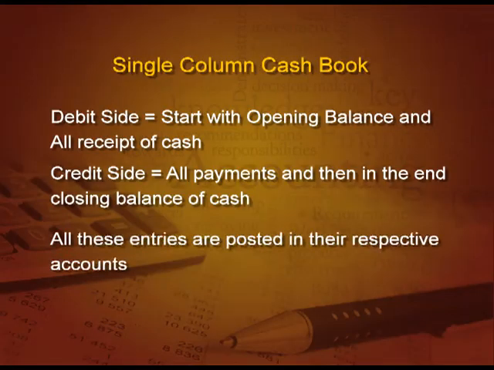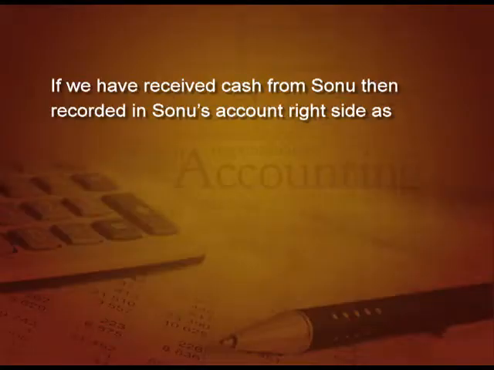Now, all these entries are posted in their respective accounts also. For example, if we have received cash from Sonu, then it will be recorded in the Sonu account also on the right hand side, and we will write by cash, because when we receive cash we write in the cash book on the debit side, to Sonu, amount received.